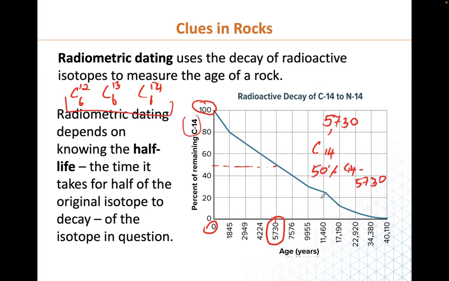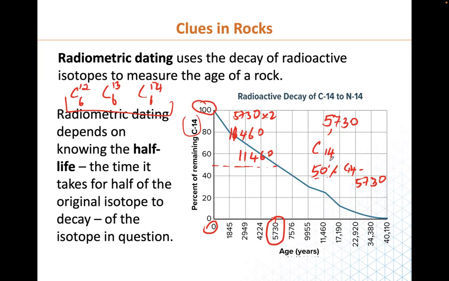Half of the remaining 50% will be broken down in the next 5,730 years. So 5,730 times 2 gives you 11,460 years, in which half of the 50% will be broken down.